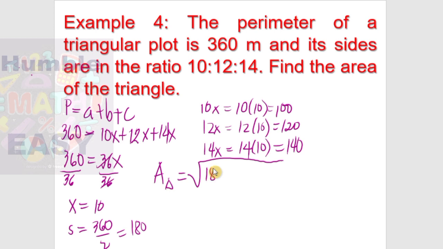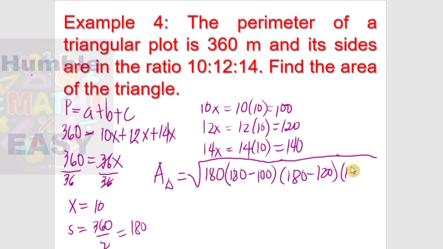So 180 times 180 minus 100, then we have 180 times 120 minus 120, then 180 minus 140. So we now have here 180 times 80 rather.